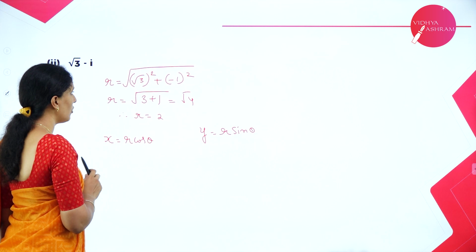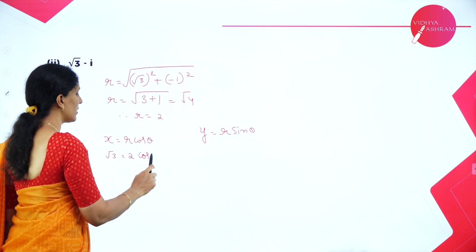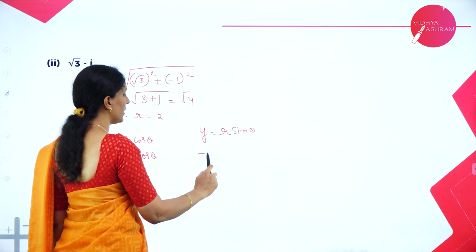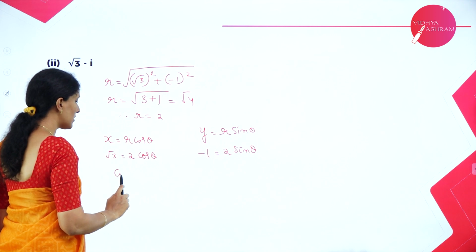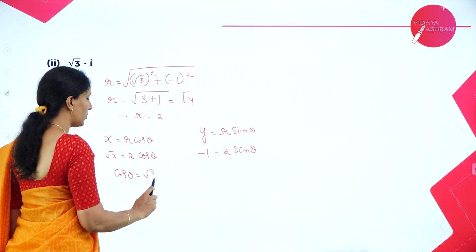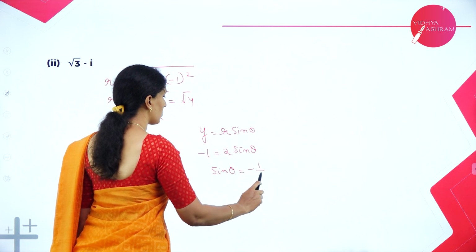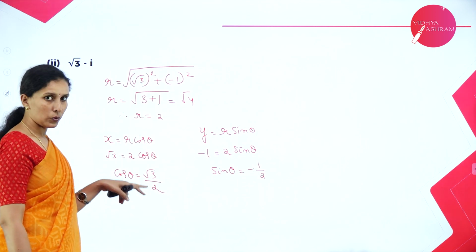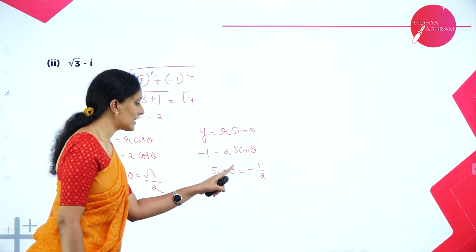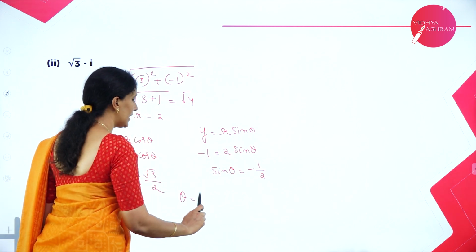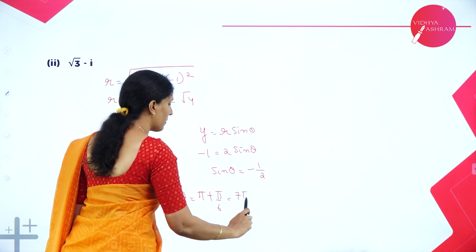So here root 3 equals 2 cos theta and minus 1 equals 2 sin theta. So we have cos theta is equal to root 3 by 2 and sin theta is equal to minus 1 by 2. Cos pi by 6 is root 3 by 2 and sin pi by 6 is 1 by 2. But here sin is negative, therefore we will take theta as pi plus pi by 6, whose value is 7 pi by 6.